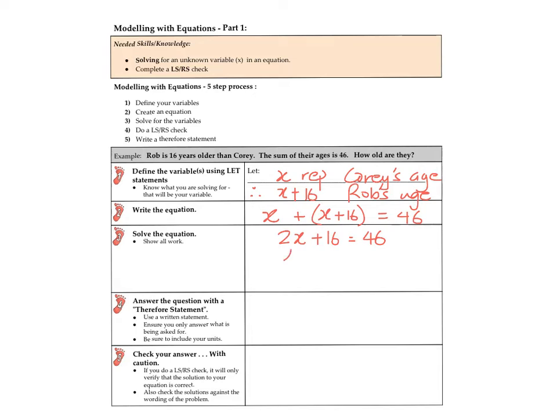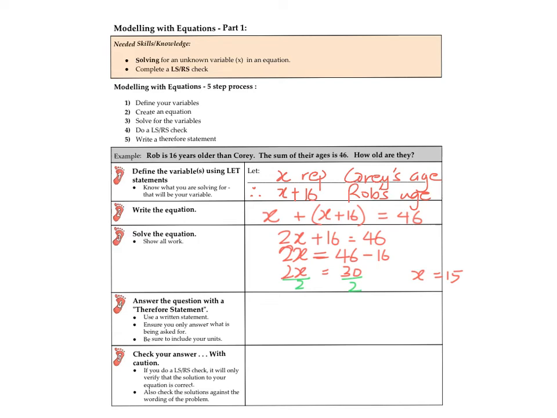So this is going to become 2x equals 46 minus 16. So we have 2x equals 30. Now to figure out x, we're going to divide both sides by 2, and we have x equals 15. So we have just figured out x.